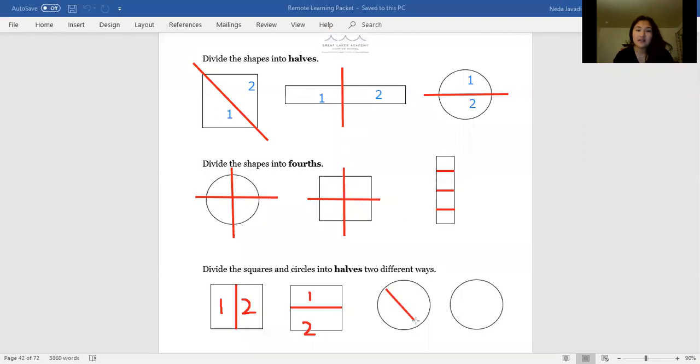I can cut the circle into half this way, or I can cut it into half this way. Raise your hand if your circles look like mine. Nice. Raise your hand if you got something different for one of your circles. Nice. That's also okay. The most important part is that you label all your parts.